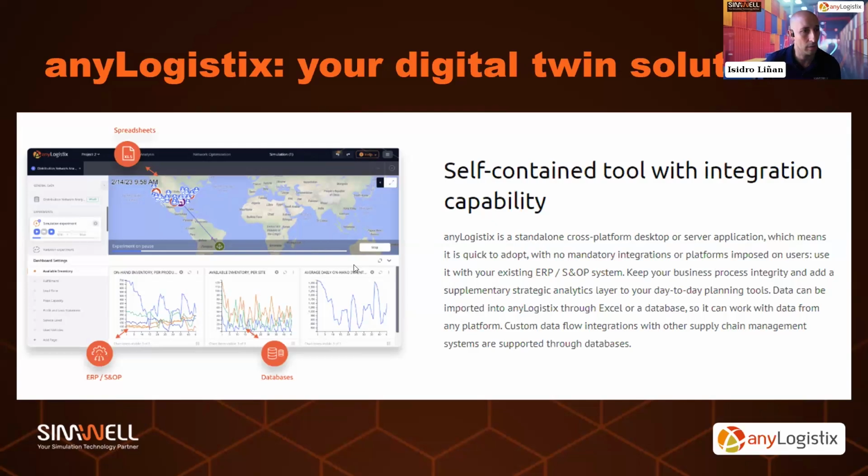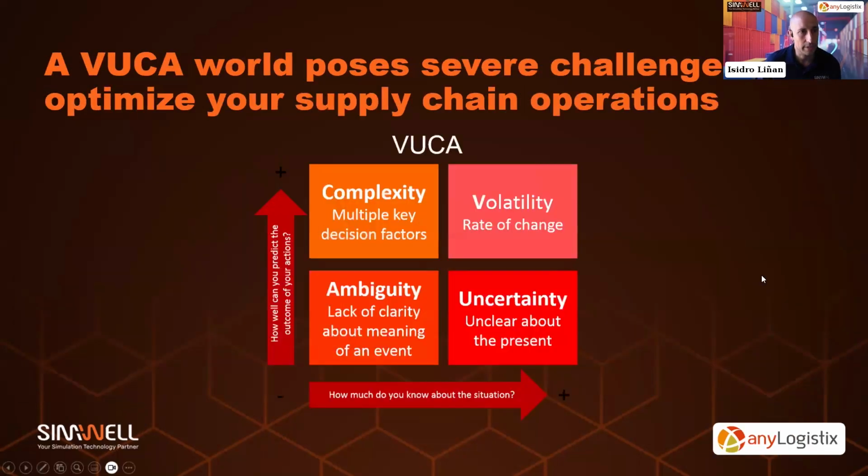Okay, we're going to start with a little introduction about why cost to serve is important. First, if you're a supply chain professional, you have heard this acronym before, which is VUCA, which stands for the world that we live in, and which we were increasingly reminded of with COVID-19: it is volatile, there is a lot of uncertainty, it is really complex, and we have a lot of ambiguity.